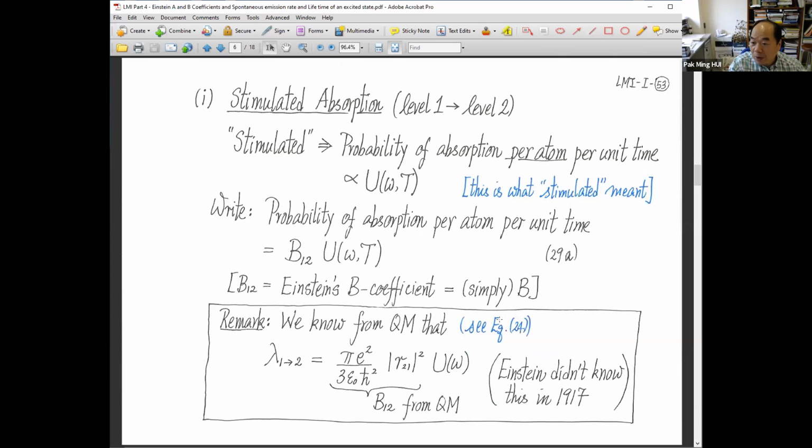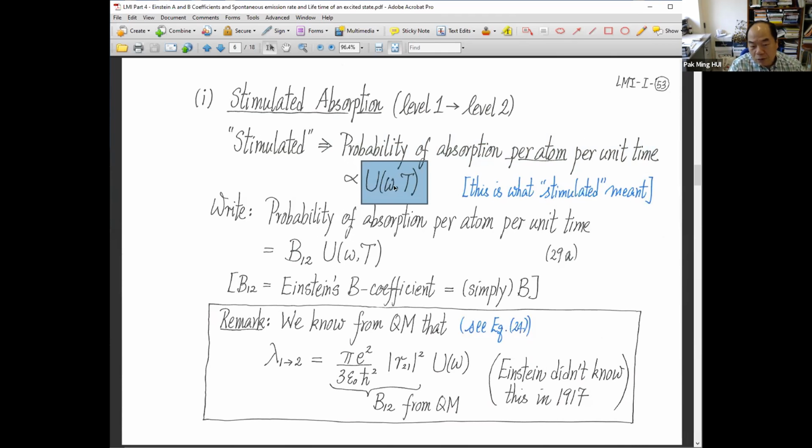First process, stimulated absorption. Since it is stimulated, that means the probability of that happening per atom per unit time, that's what Einstein considered, must be proportional to the stimulation. Otherwise, it will not be called stimulated absorption, right?